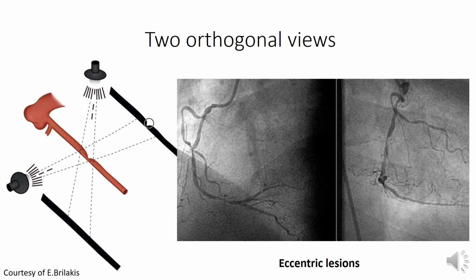When we look at this lesion from the healthy side, you might underestimate it, while if you take another orthogonal or perpendicular view, you can appreciate the lesion. Here is an example. These are two orientations of the same patient. We can appreciate that the lesion looks tighter when we take another view.